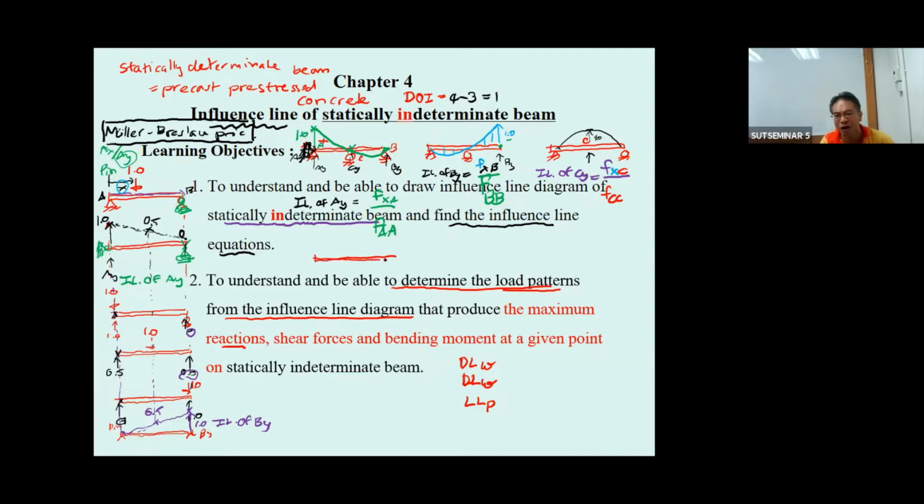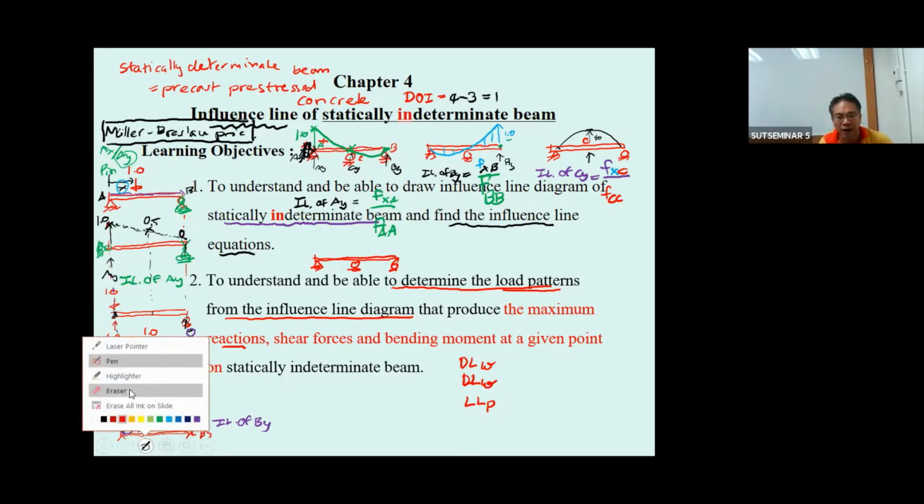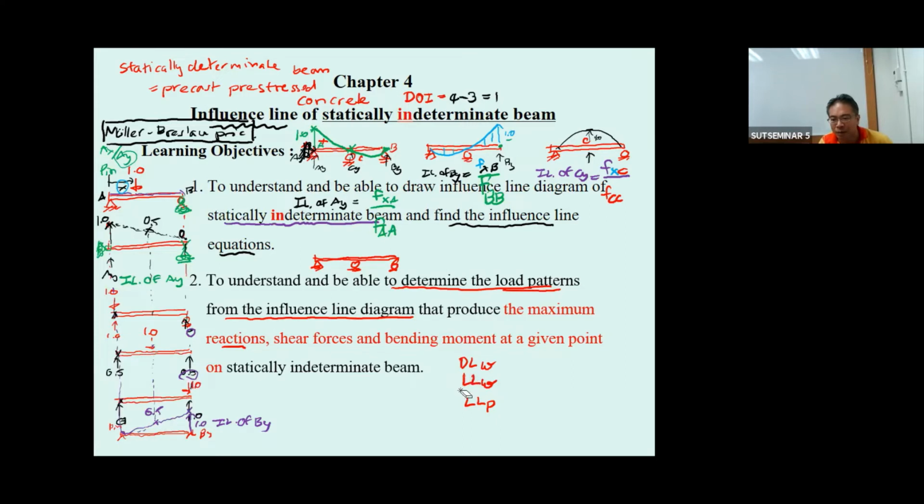If we consider the pattern of the dead load, if only the dead load is this one, I would like this one to be the live load. Okay, the dead load is always distributed across the beam. So don't worry.